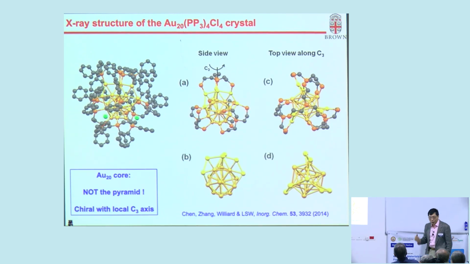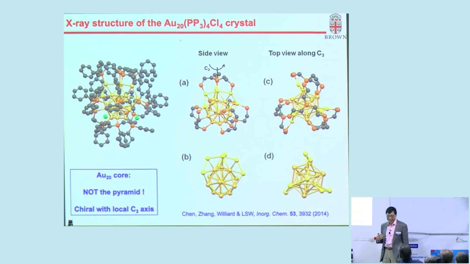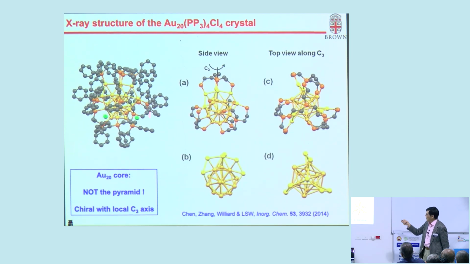But when we solved the crystal structure, nature can always play a joke on you. I thought, you have 20 atoms, you have 4 ligands, so it has to be the tetrahedral structure. In fact, the structure is very, very different from what I thought.